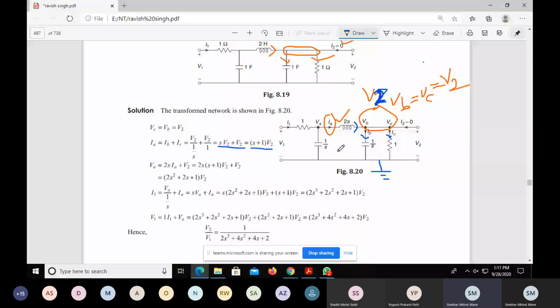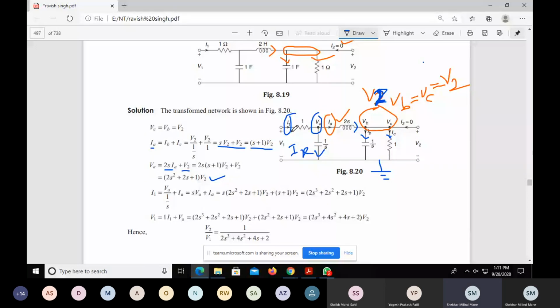In the similar way, we have to write VB in terms of V2. So VB is nothing but 2S into IA plus V2. We have just written the value of IA, so we substitute it here, and then we can write VA in terms of V2. After that, we have to write I1 in terms of V2. Let's say this is Ix.